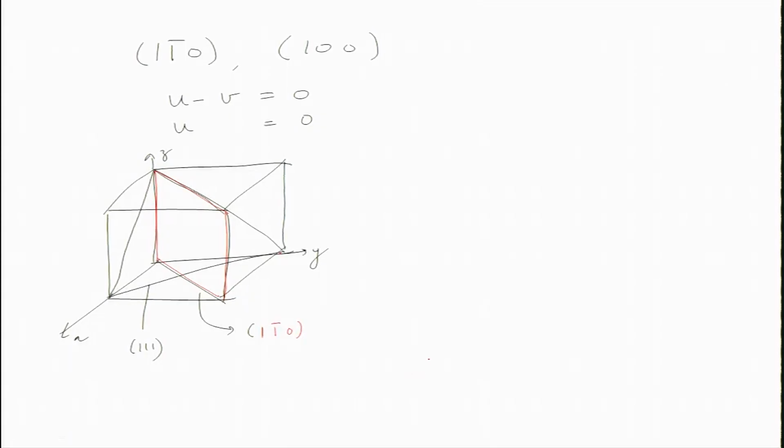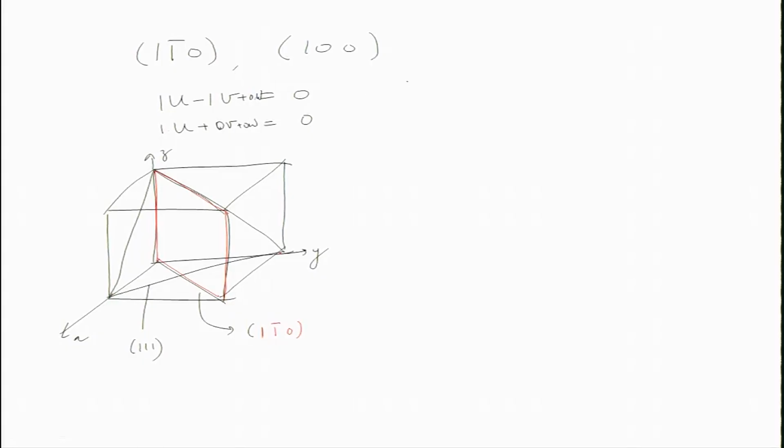Now you can see that these two planes intersect each other. In the first one it is 1 U minus 1 V plus 0 W is equal to 0, and the second one becomes 1 U plus 0 V plus 0 W is equal to 0.